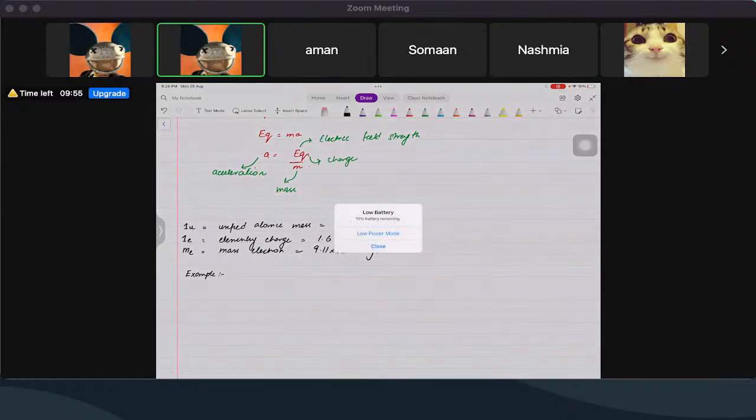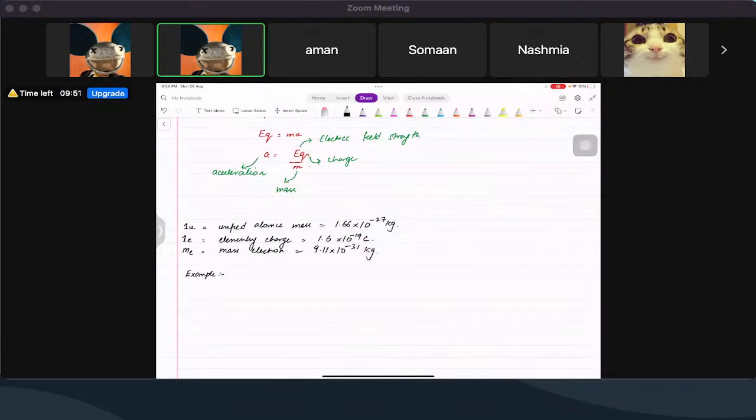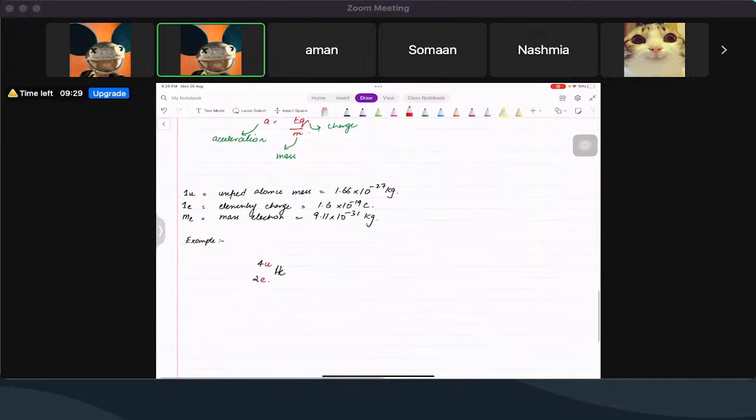So whenever you have something like helium, and they have given you 4 and 2, let me write it bigger actually, just to explain it better. This 4 basically means that it has a mass of 4u and the charge of 2e. So if you want to find its total mass, the mass in kg would be equal to 4 times 1.66 times 10 raised to minus 27.